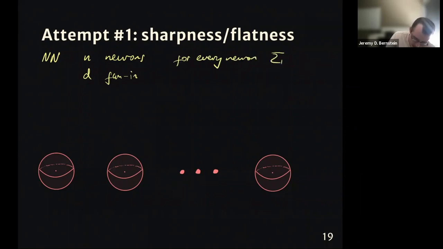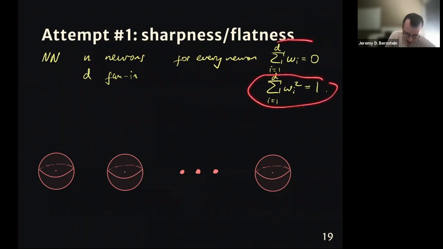We constrain every neuron so that the sum of its weight vector is 0, and the sum of squares is 1. So we're going to constrain every neuron to lie on a hypersphere. That's what the second constraint says. And the first is an affine, or linear, constraint, and the combination of these two constraints says that every neuron lies on a hypersphere of dimension d-2.